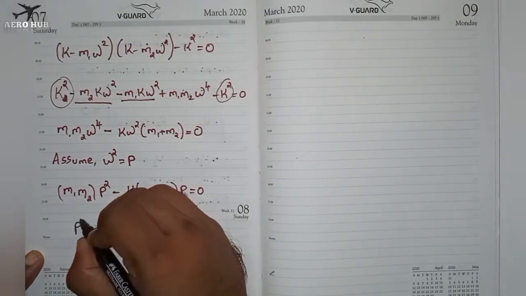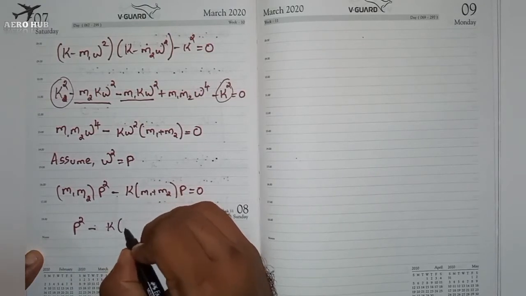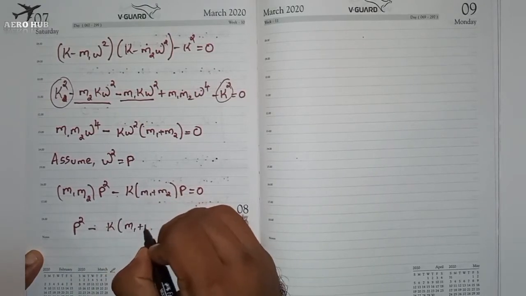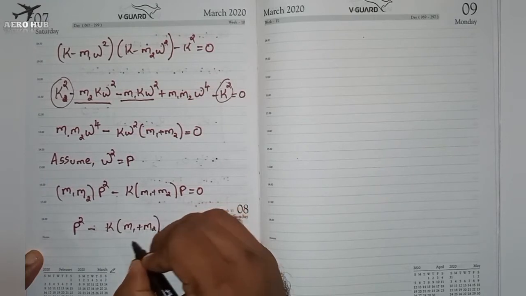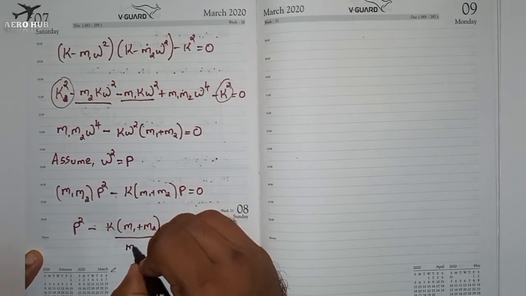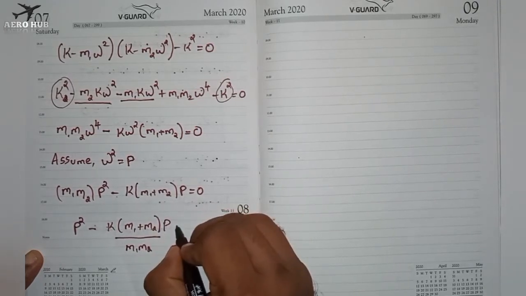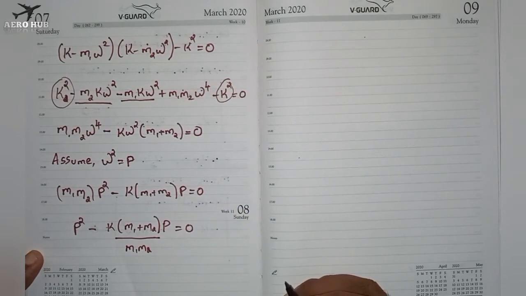So I can write p square minus k into (m1 plus m2) divided by m1 m2 into p is equal to 0.